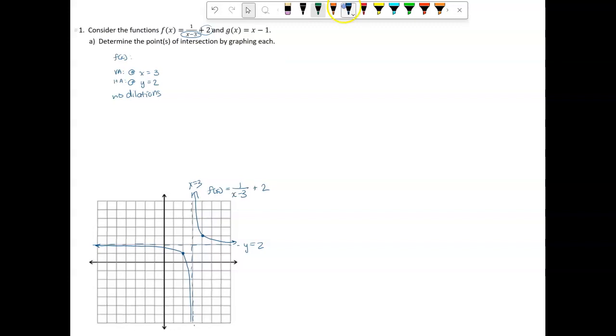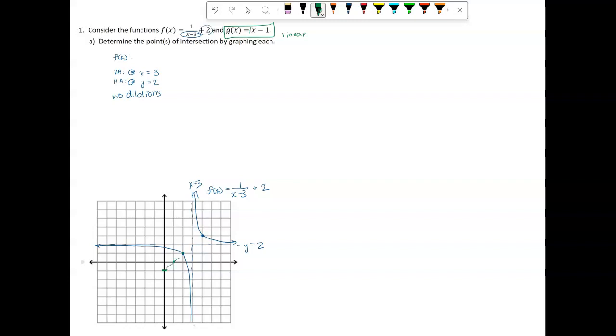And then I'm going to draw the g of x function. Why is that not in green? There it is. And it's just a linear function. So we go back to the idea of a y-intercept, which happens at negative 1. And then the slope, which is just 1, so that means rise over run, it goes up every so often.